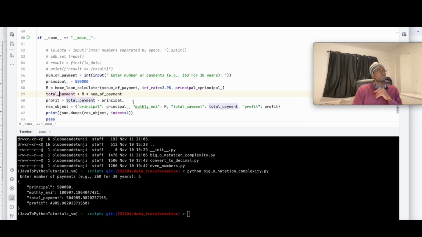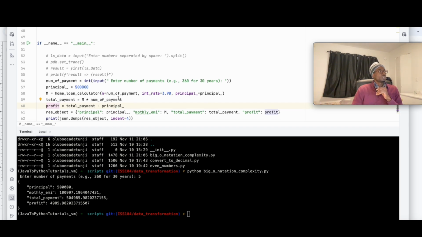When you know the total payment, we take out the principal. That will be the profits to the lender. So this script will allow us to compute the amount we are going to pay monthly, and also the total payments at the end of the payment period, and also the profits, which is the total payment minus the principal.